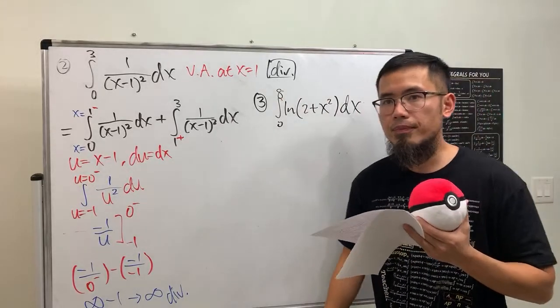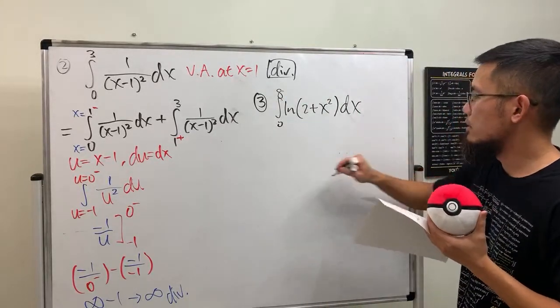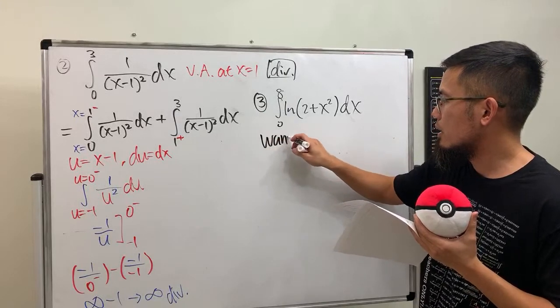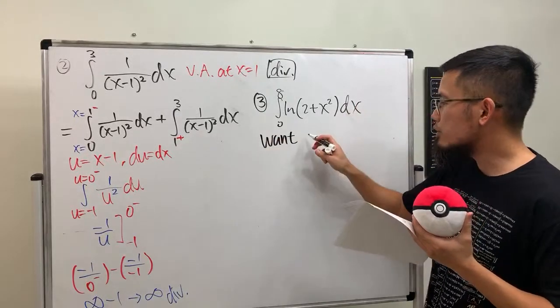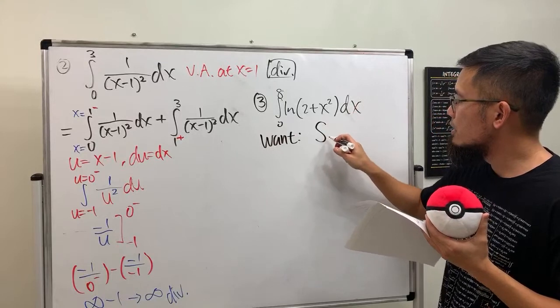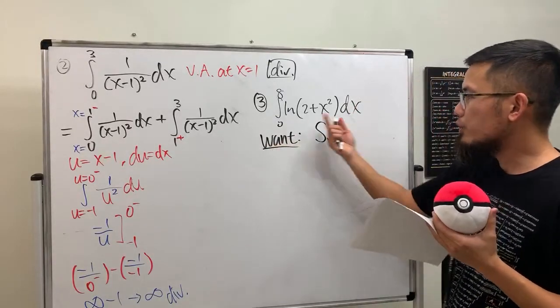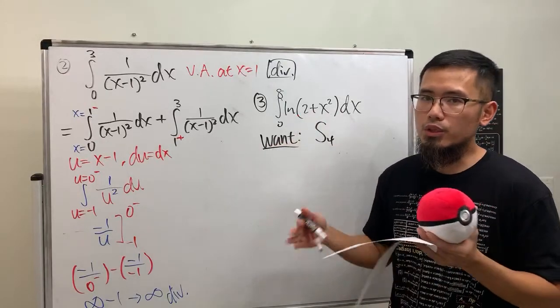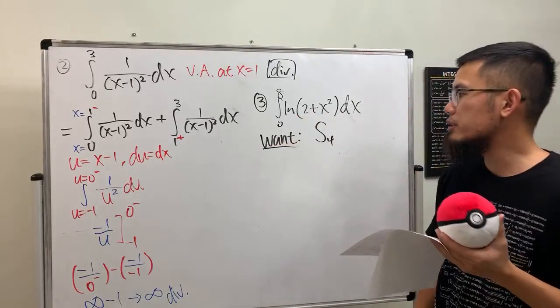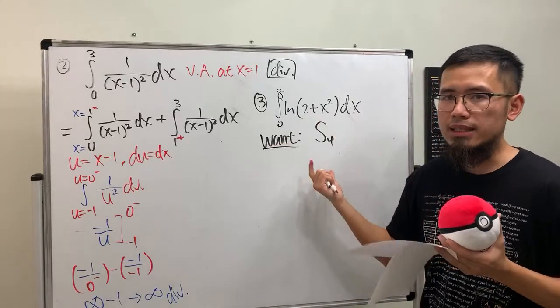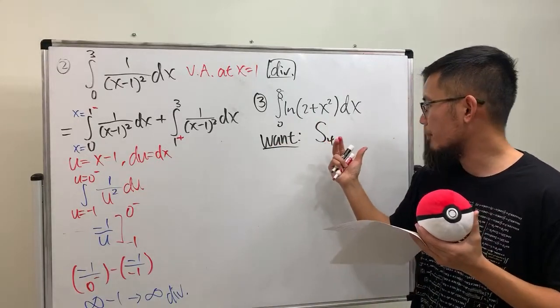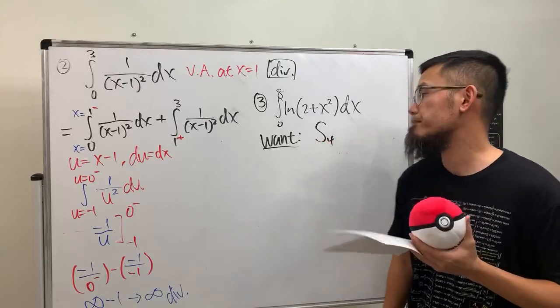But what we want is, we're not going to compute this. We're actually just going to find the Simpson's rule when n is equal to 4. That's all. Although you can integrate this easily with integration by parts and then plugging numbers, it doesn't really matter. I'm just asking you guys for the Simpson's rule to do this integral.